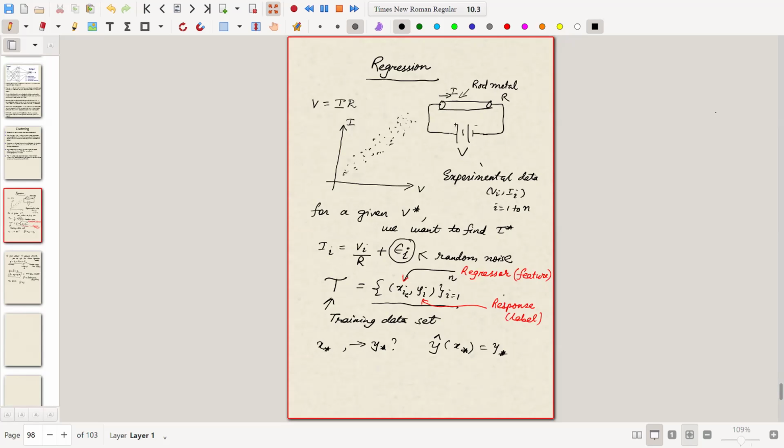Suppose this data set is given to us. You will have only numbers, V and I, in your data set. You want to fit the best line to this data set, something like this.